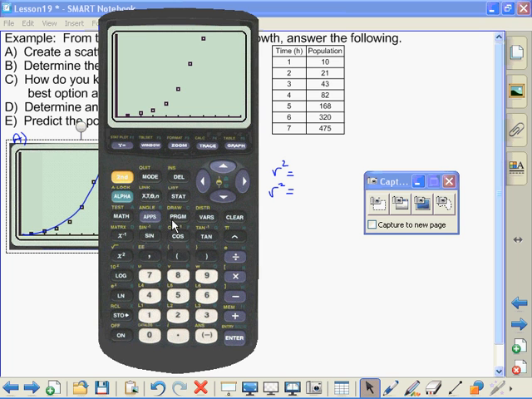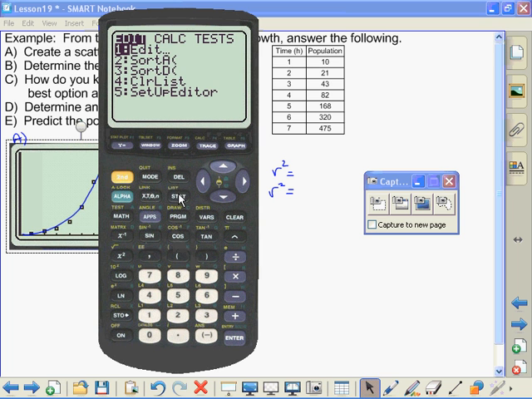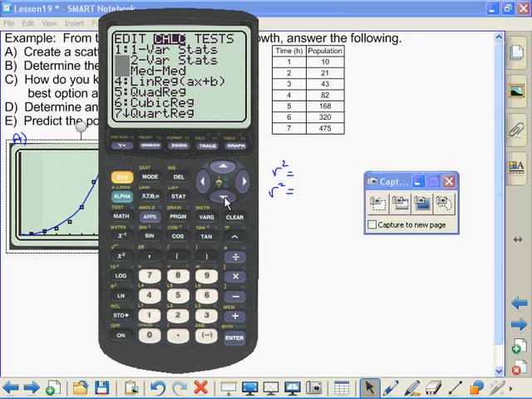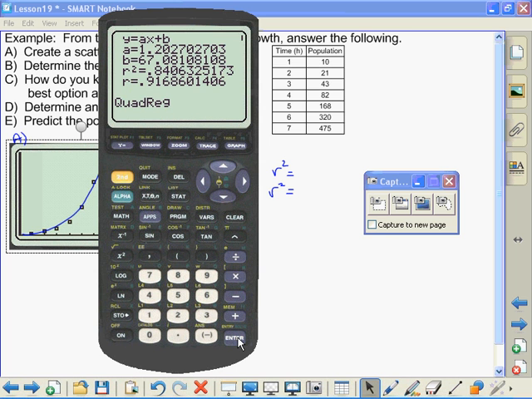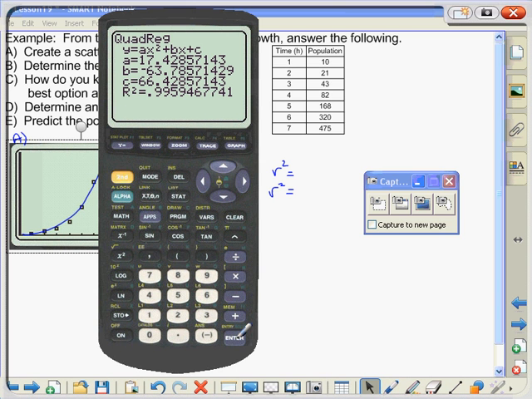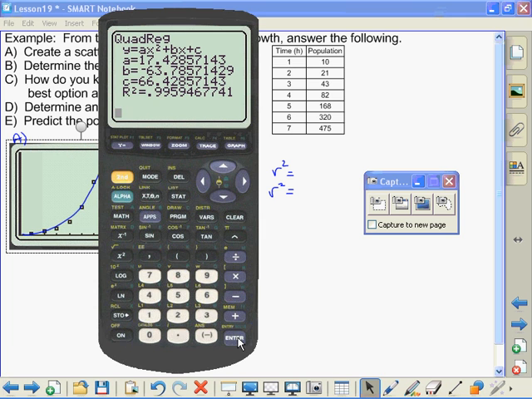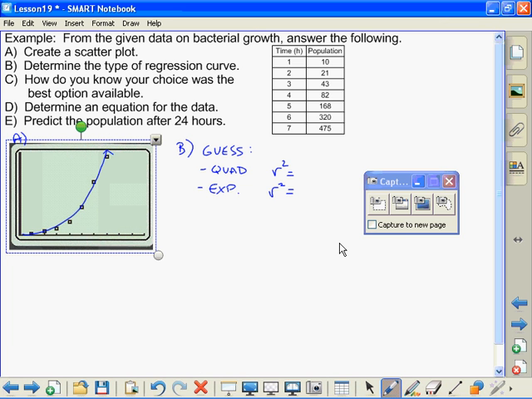So with the calculator up, I go to stat, and I'm going to try quadratic regression to start. I hit enter, and it gives me the quadratic equation, but I'm more worried about R² at this point. R² is 0.996.